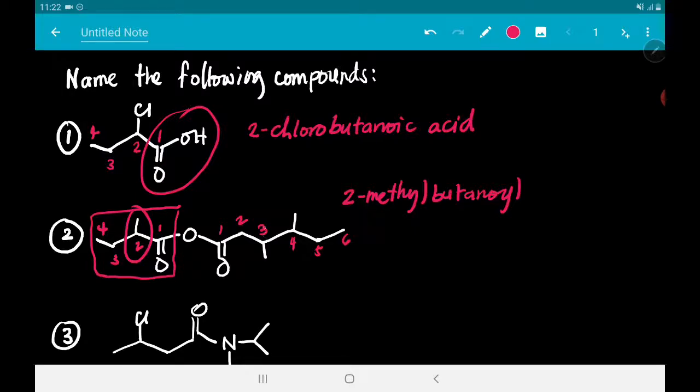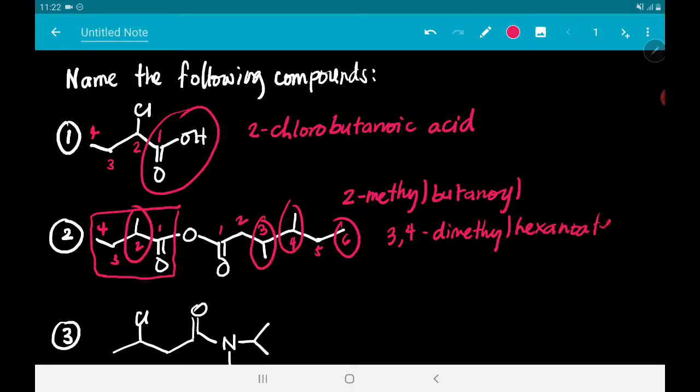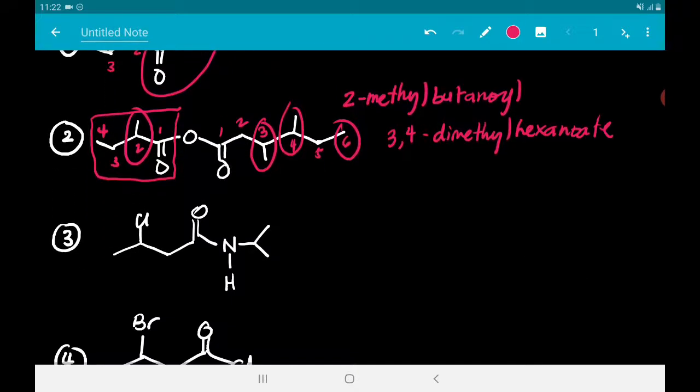So this chain contains methyl groups at 3 and 4. So 3, 4 dimethyl, okay, since it contains 6 carbons, hexanoate. Okay, so 2-methyl butanoyl, 3,4 dimethyl hexanoate. Okay, so punta tayo sa next.